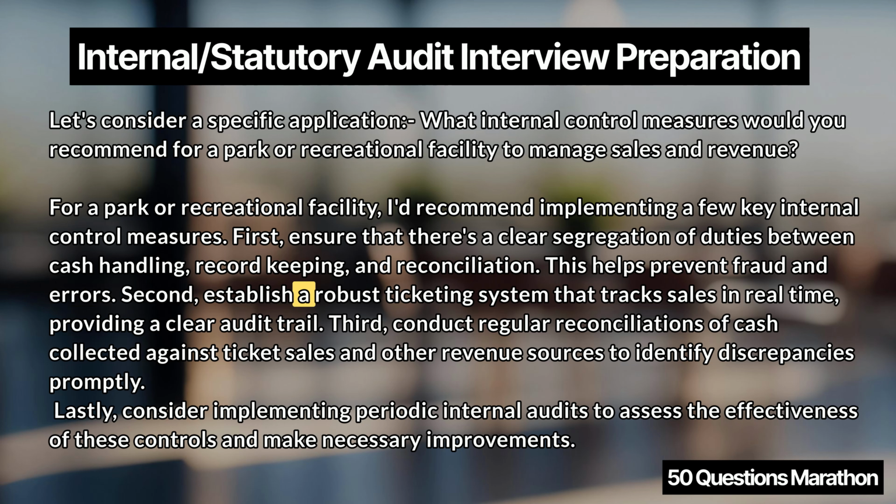Second, establish a robust ticketing system that tracks sales in real time, providing a clear audit trail. Third, conduct regular reconciliations of cash collected against ticket sales and other revenue sources to identify discrepancies promptly. Lastly, consider implementing periodic internal audits to assess the effectiveness of these controls and make necessary improvements.